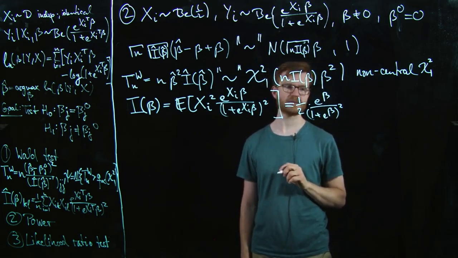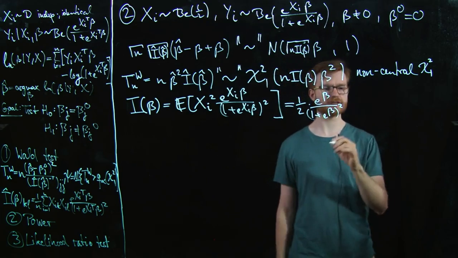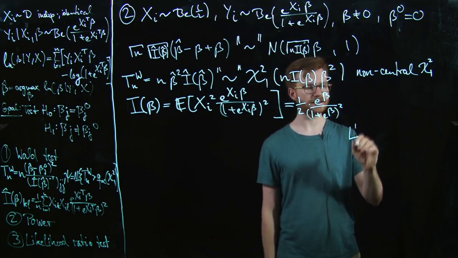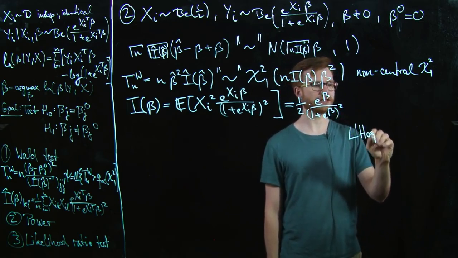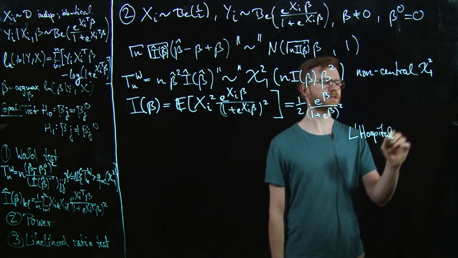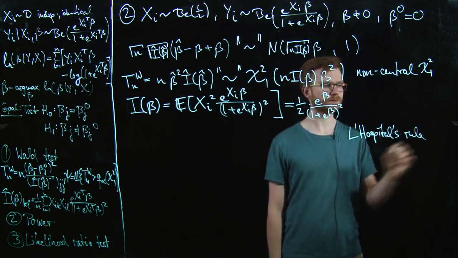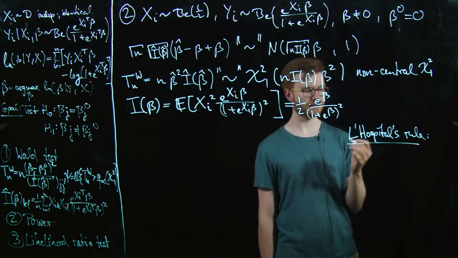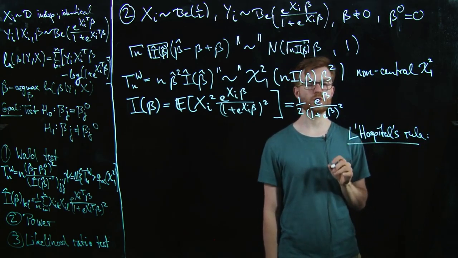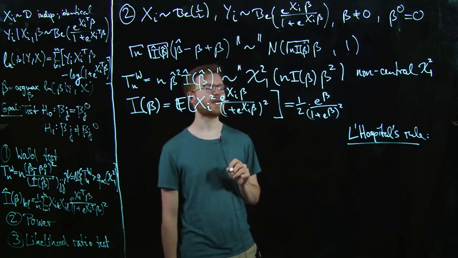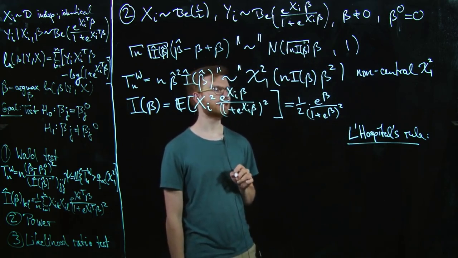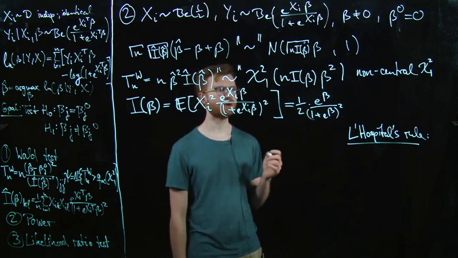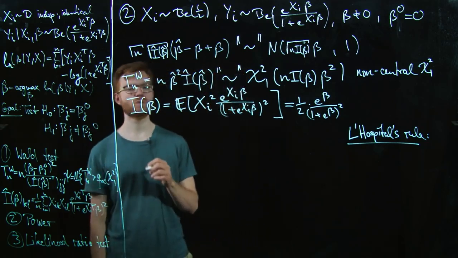In order to justify this somewhat rigorously, let's briefly recall L'Hopital's rule from calculus. This is just a neat little trick that allows you to think about limits of quantities when both quantities go off to infinity.